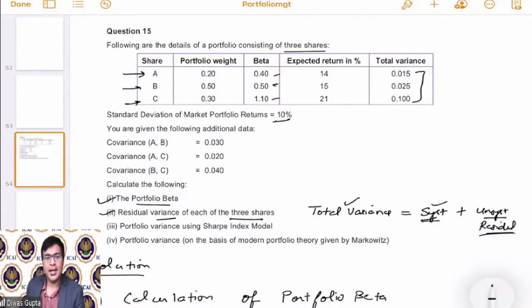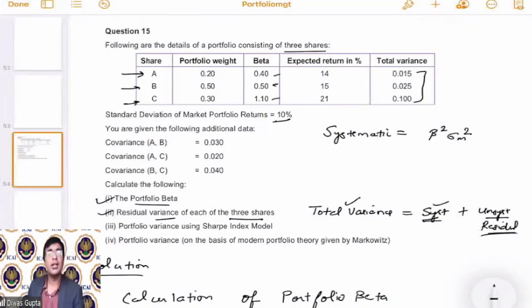but we have been given all the inputs to calculate the systematic variance, because systematic variance also we know that is equal to beta square standard deviation of market square, which is the variance of market. Correct?